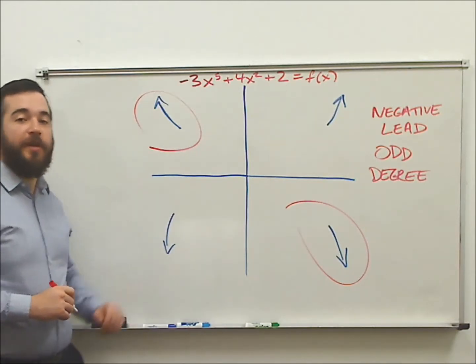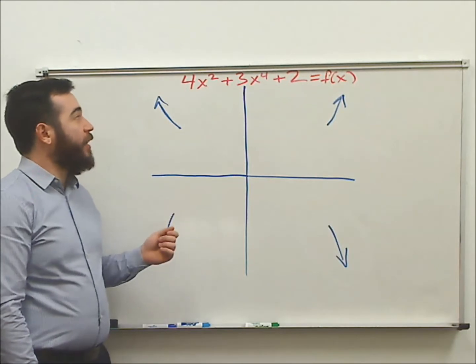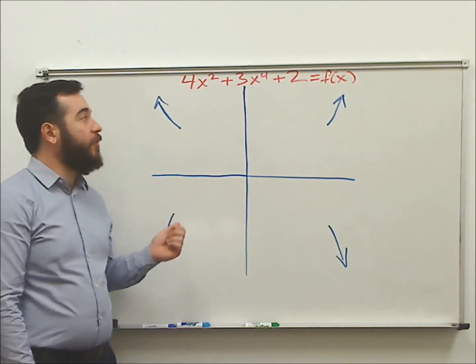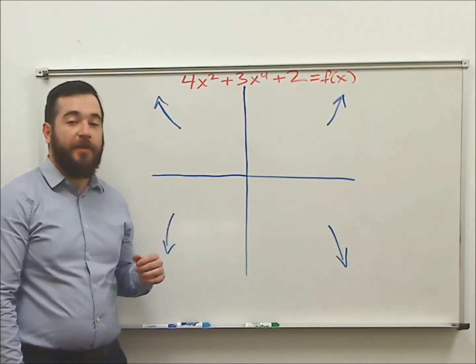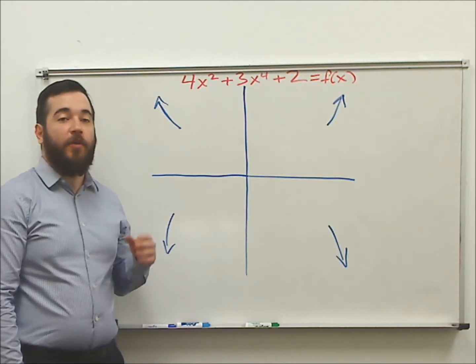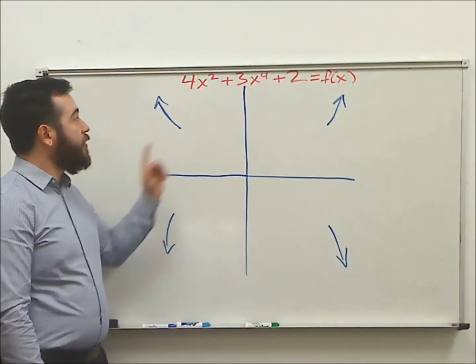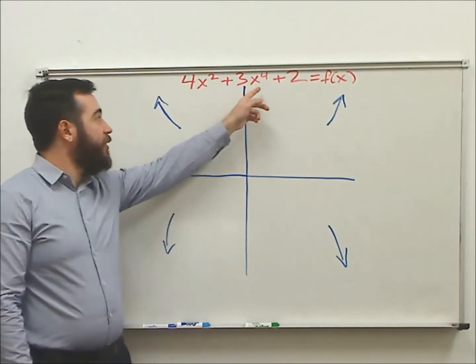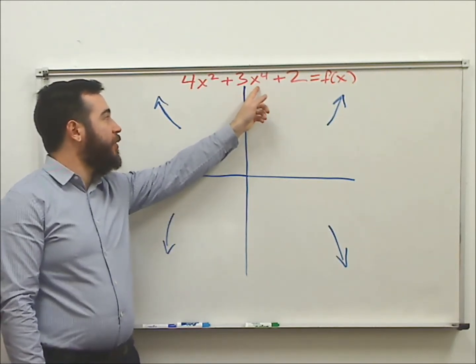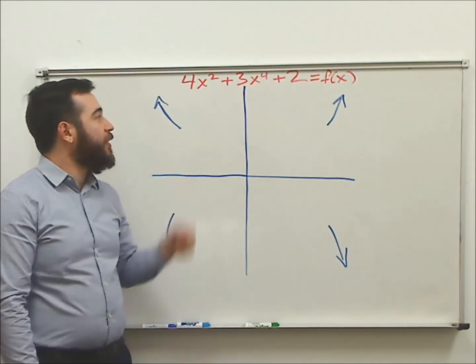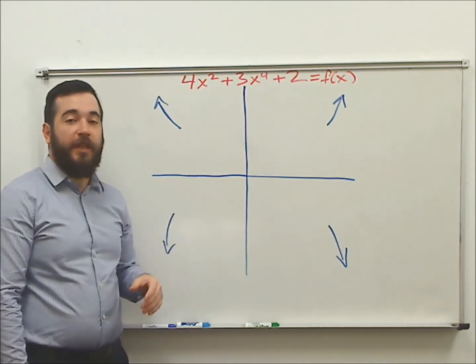Let's try one more example. So in this one, we've got 4x squared plus 3x to the fourth plus 2 equals our f of x. So let's identify what the degree and lead term are. So we've got 4x squared, 3x to the fourth. Here's our highest exponent of x. So our degree of this polynomial is 4, which is even.